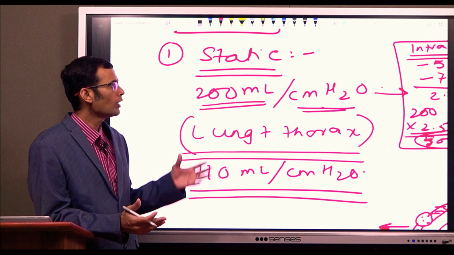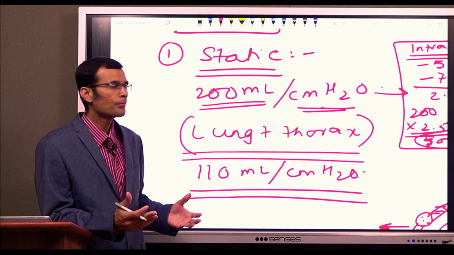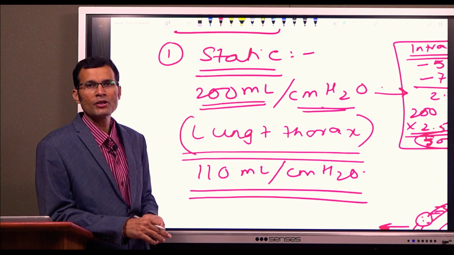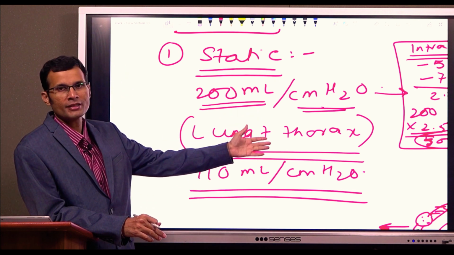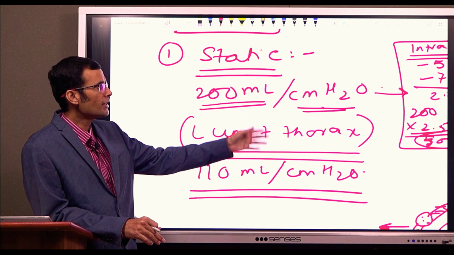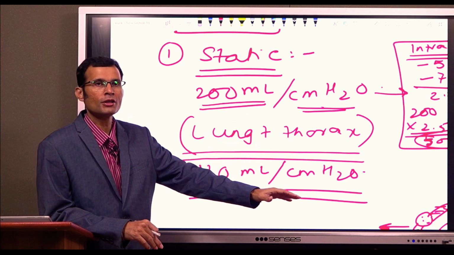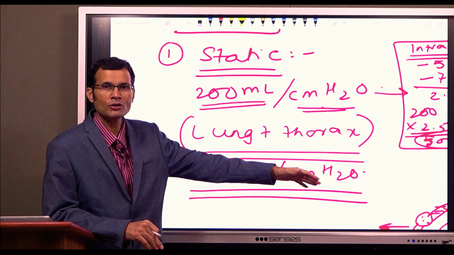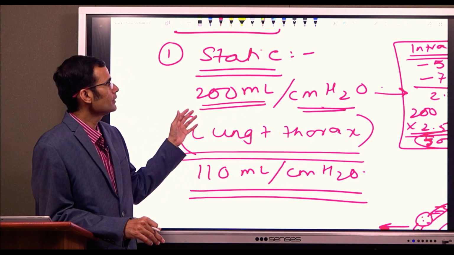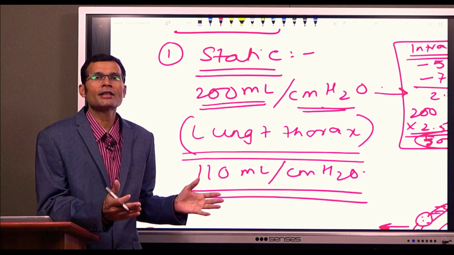How much will be their distensibility? We said 200 ml per centimeter of water, quite a linear relationship. If we change the pressure by 2 centimeters of water, the lung distension will be 400 ml. If the pressure changed by 3 centimeters of water, distension would be 600 ml. Quite a linear relationship.